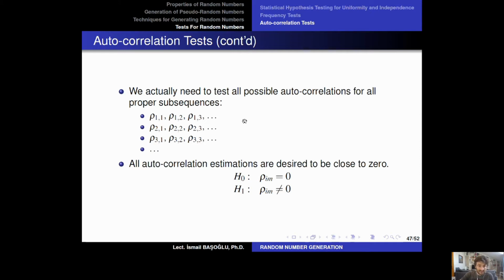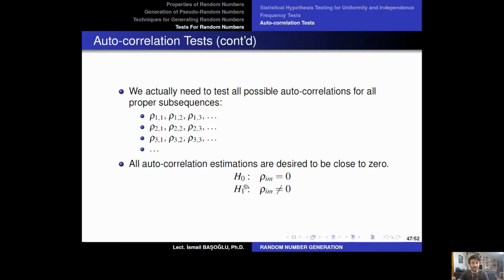But still, this is just an infinite procedure. As you can see, the autocorrelations that we can create with proper subsequences can go infinitely many, right? So for all of these autocorrelations, what we want is all of them to be very close to zero, and we need to check this with statistical hypothesis testing.